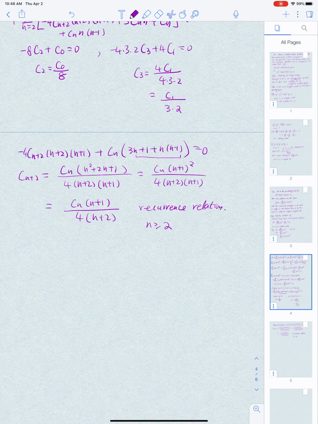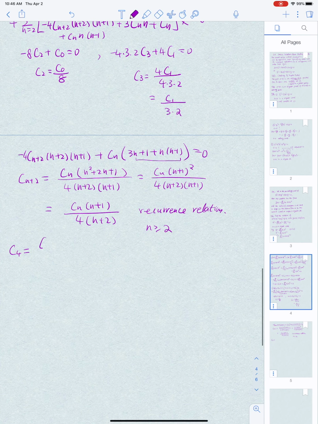Okay, now we're going to try to find a pattern. So we're going to plug in n equals 2 and look at what C4 is. And then we're going to use C2 equal to C0 over 8, plug it in.